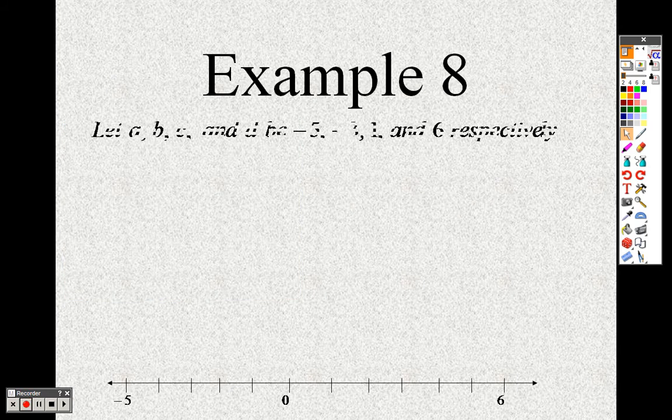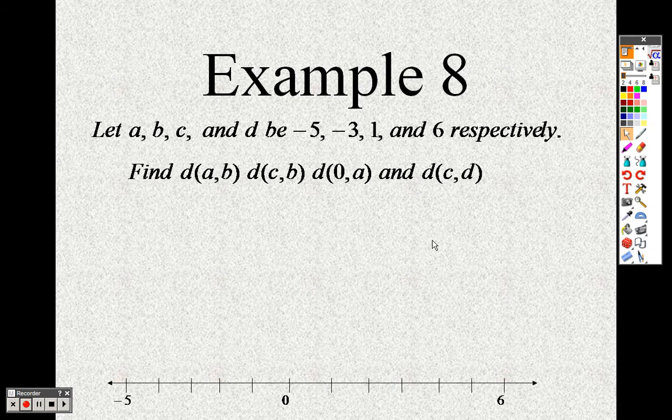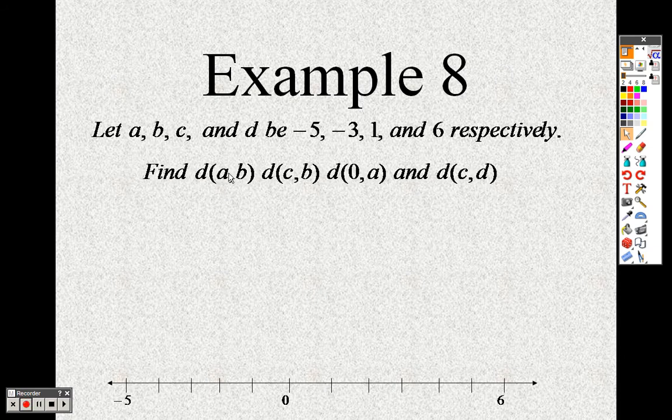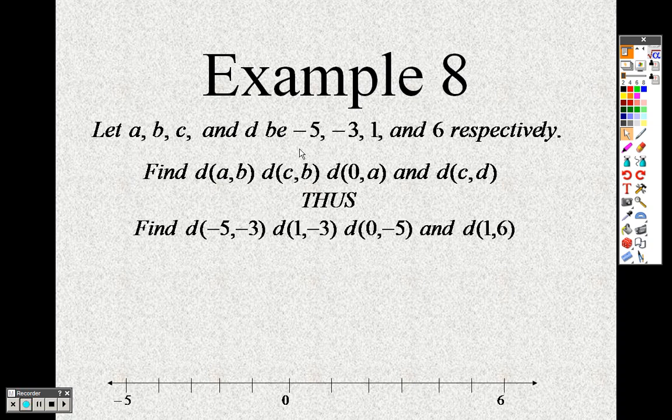So, example 8. Let A, B, C, and D be -5, -3, 1, and 6 respectively. Okay. So let's find the distance of A, B. So this is A and this is B. So according to the formula, I would do -3 minus -5 and do the absolute value of it.